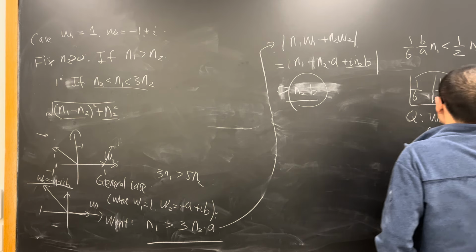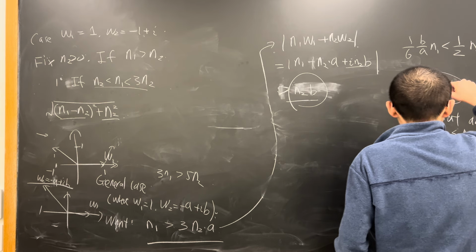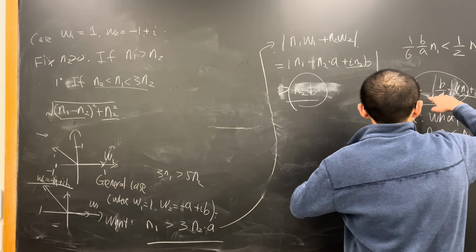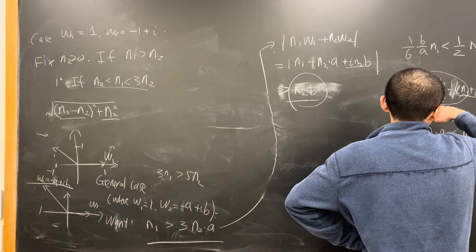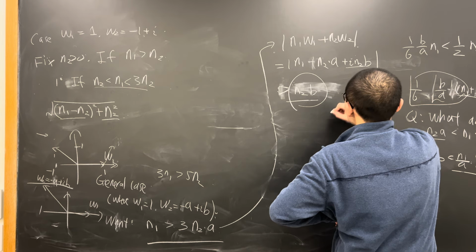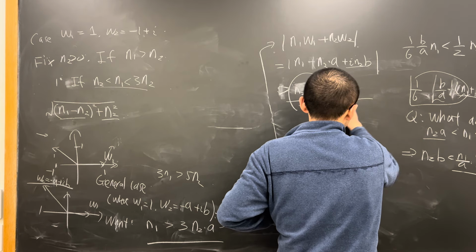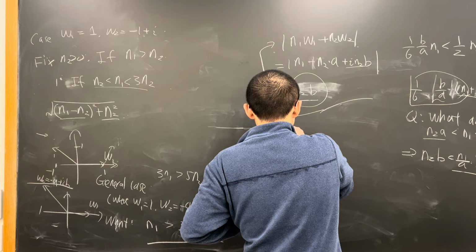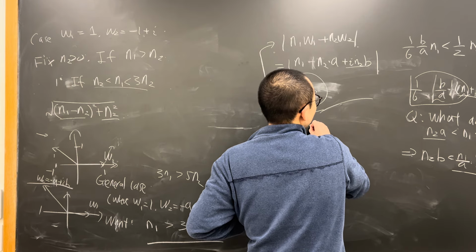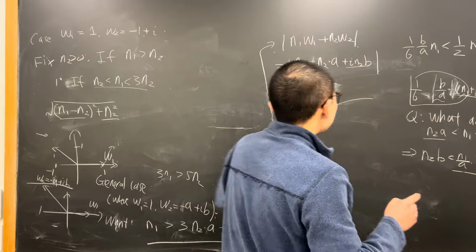So our goal is to make the other term also less than 1/2 n2b, right?